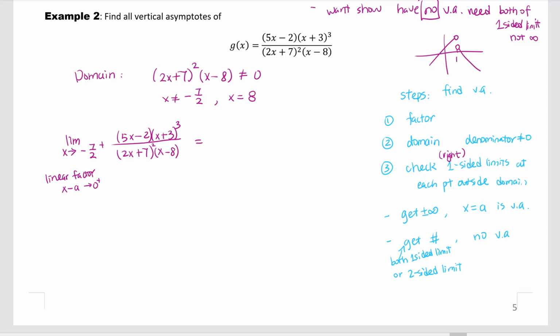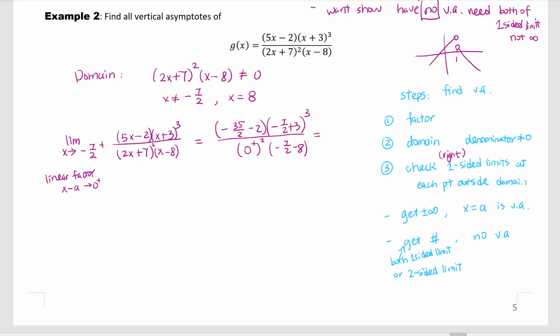When you plug in negative 7 over 2, well, 5 times negative 7 over 2 is negative 35 over 2, minus 2. Don't forget the parentheses. Negative 7 over 2 plus 3, oops, sorry, I mean 2x plus 3, is cubed. And then 2x plus 7 will actually get 0. So it will get 0 plus, and then squared. And then we have minus 7 over 2 minus 8.